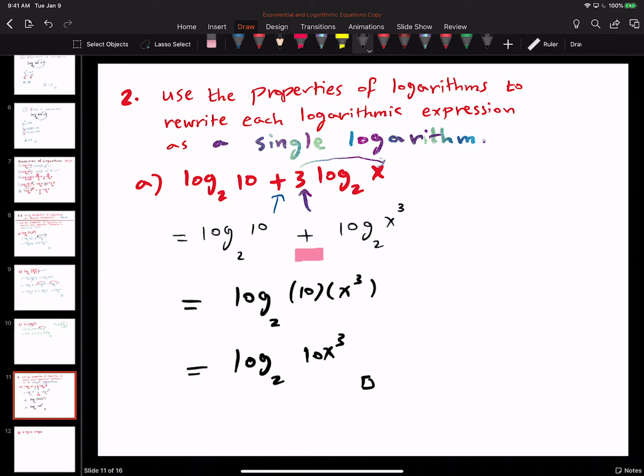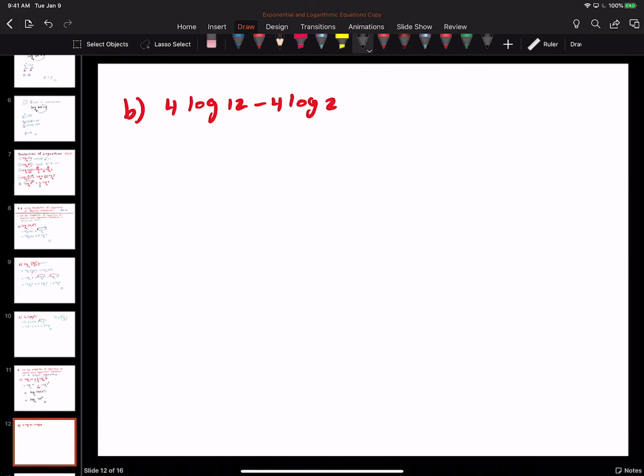Another problem. 4 log 12 minus 4 log 2. Let's take this 4 back, and let's take this 4 back. So we have log 12 to the power 4 minus log 2 to the power 4.